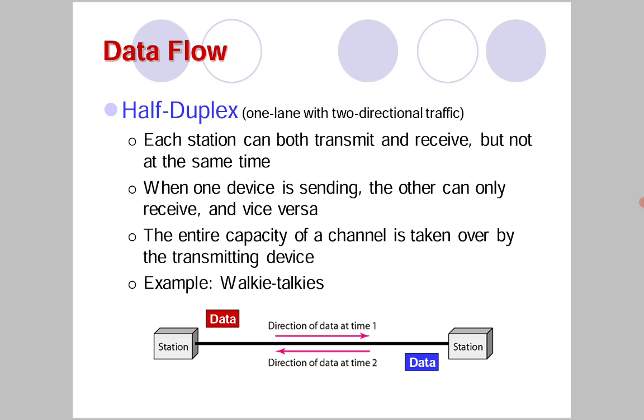In full duplex mode, both station 1 and station 2, sender and receiver, can send and receive in a bidirectional way. Bidirectional means they operate for two-way purpose.